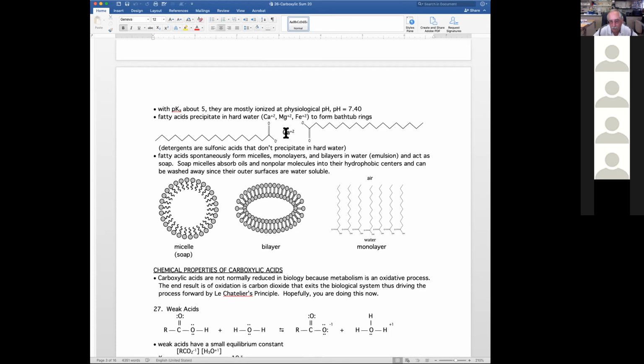So sodium won't form these complexes with the fatty acids. And also detergents are usually sulfonic acids. So you don't have a carboxylic acid, you have a sulfonic acid, and those also won't precipitate in hard water. So that's why detergents were invented.